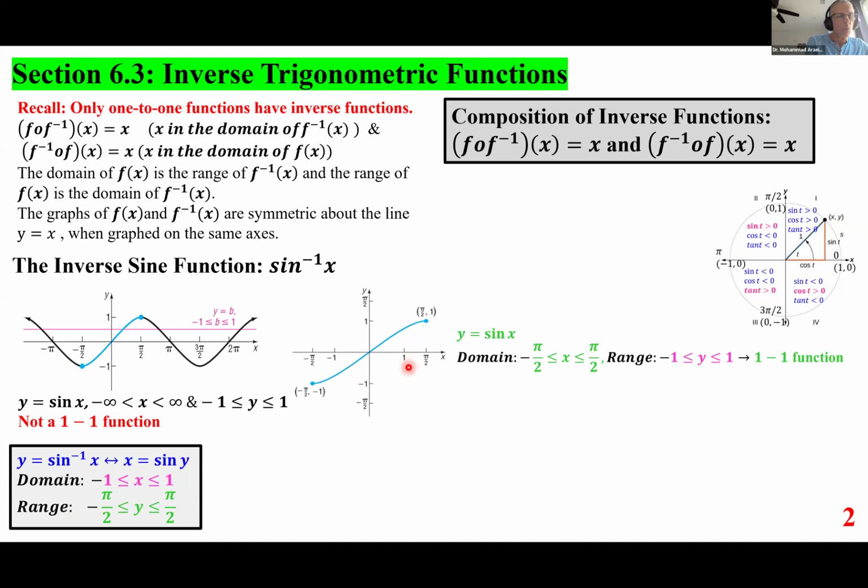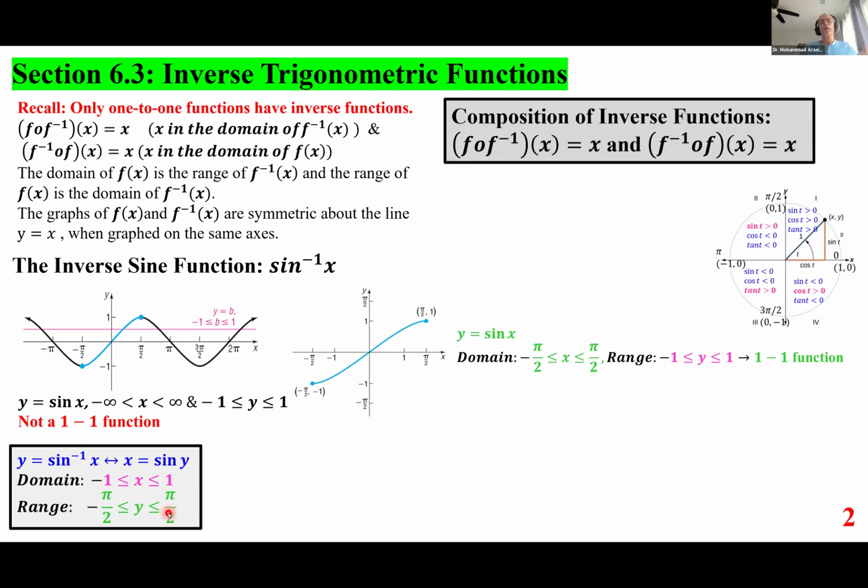So we say y equals sine inverse of x. By definition means x equals sine y. Domain, x is between negative 1 and 1. Remember, here's the range, here's the domain. Range, y is between negative π/2 and π/2 because we restricted the domain of sine. x is between the two now. The range y is between the two.